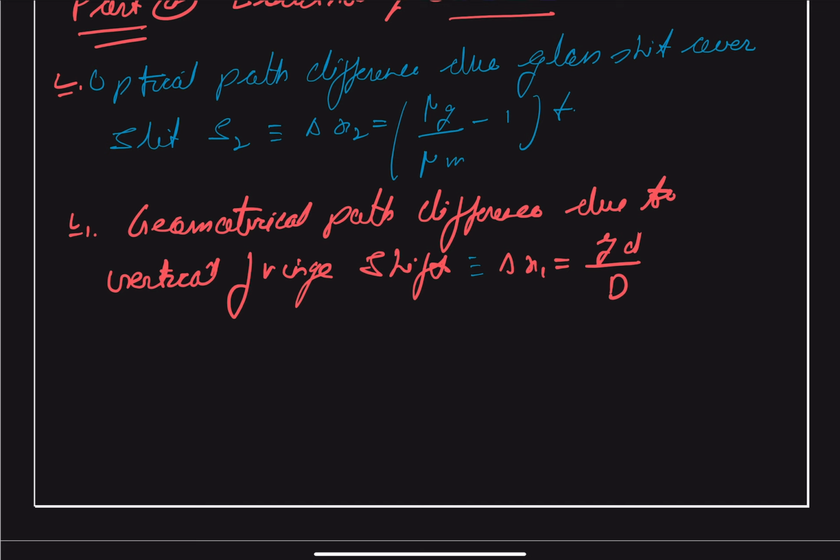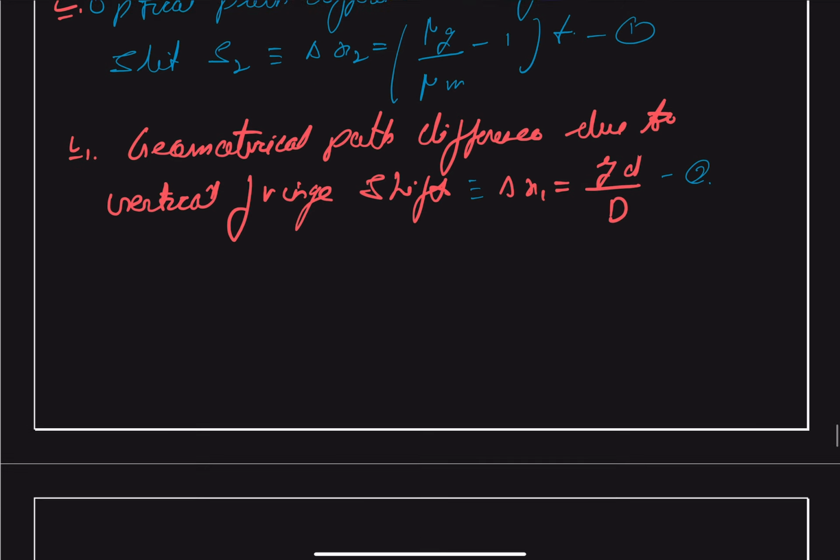And we need that the path difference should be equal to 0. So let's call this equation 1 and this is equation 2. So if the path difference is to be 0, these two terms should be equal.